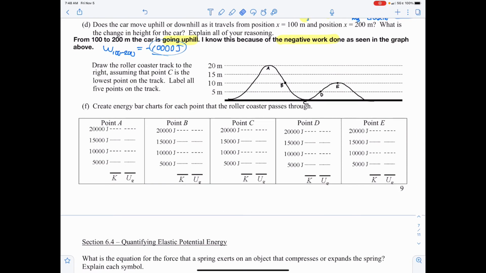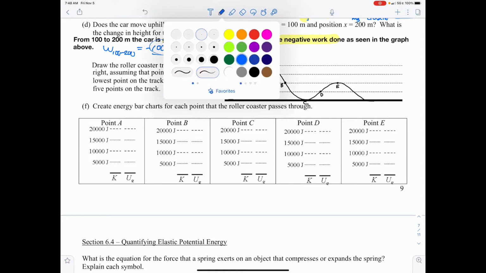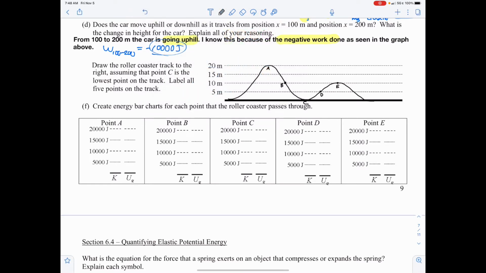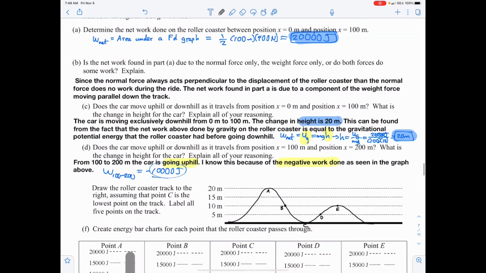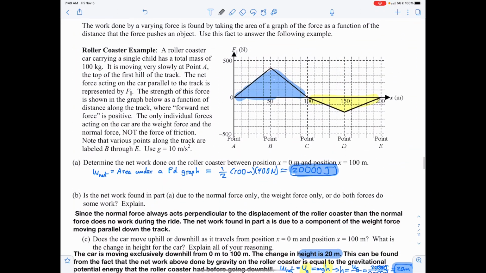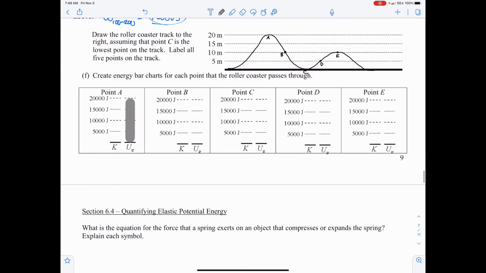Part F, create energy bar charts for each point that the roller coaster passes through. Well, I'm going to use blue and gray, blue for kinetic energy, gray for gravitational potential energy. I'm starting this journey at point A with 20,000 joules of potential energy. At point B, which is halfway between point C and A, it's half the distance traveled, but it's also half of the energy too.